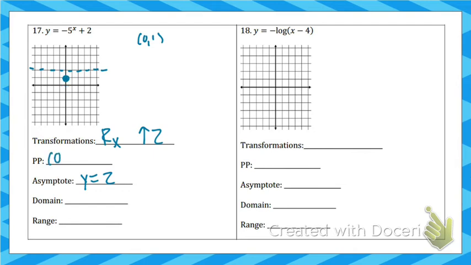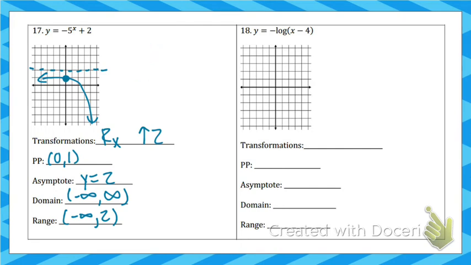So the pivot point is at 0, 1. Shape of the parent function normally is like this. We're going to reflect it over the x. Domain then is -infinity to infinity for all exponentials. Range bottom to top, -infinity to 2 with a parenthesis.